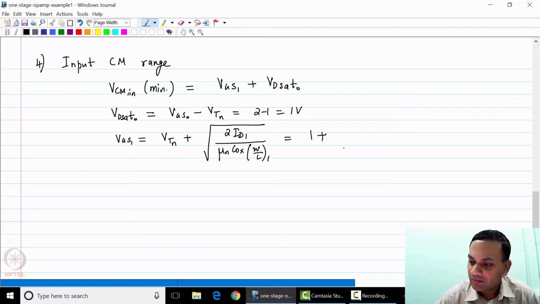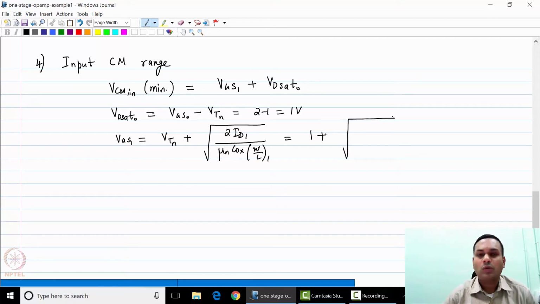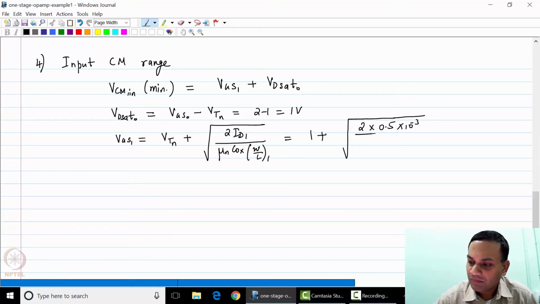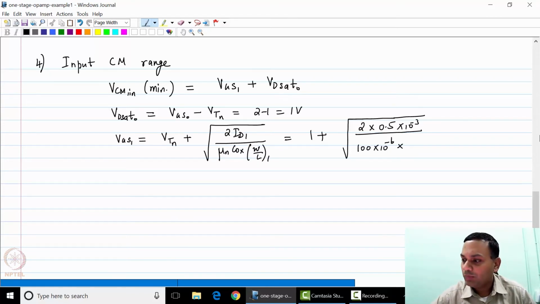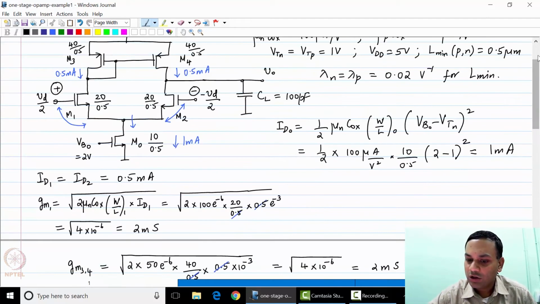So this is 1 plus square root of 2 into 0.5 into 10 power minus 3 over mu Cox, which is 100 into 10 power minus 6, into the width to length ratio of M1 and M2, which is 20 over 0.5.